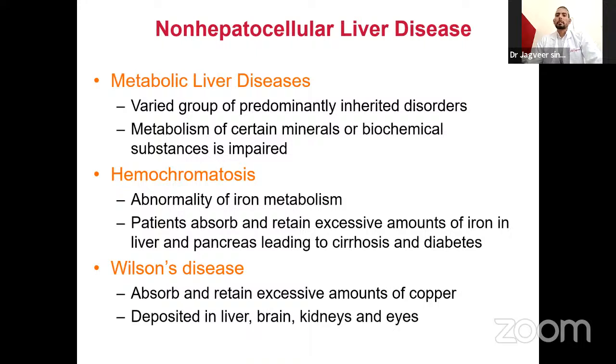And when this deposition of iron occurs in the pancreas, that will lead to diabetes. Similarly, in Wilson disease, copper metabolism is affected, and this excessive copper is deposited in the liver, brain, kidney, and eyes, which will give the respective diseases. Next slide, please.